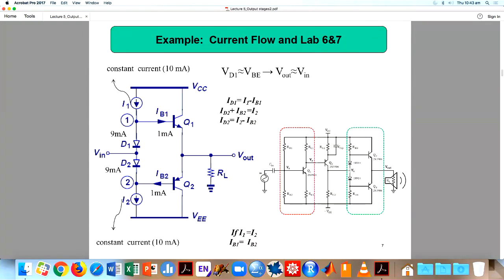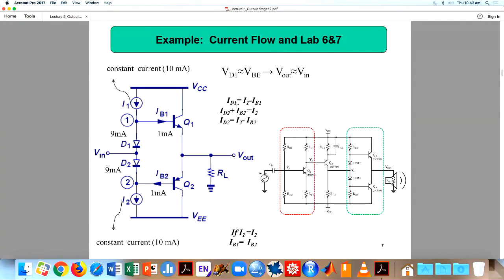During the negative cycle, more current will come through this diode so that you don't get enough current for Q3, and then this will be on. And then this will be providing the current for this RL. Same as push-pull geometry. So here I have written VD1 equal to VB, which is equal to V out, which is equal to V in.